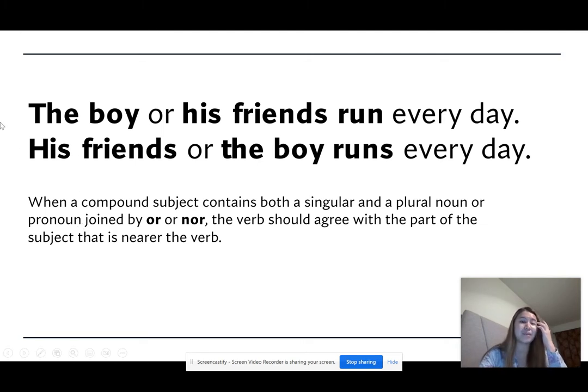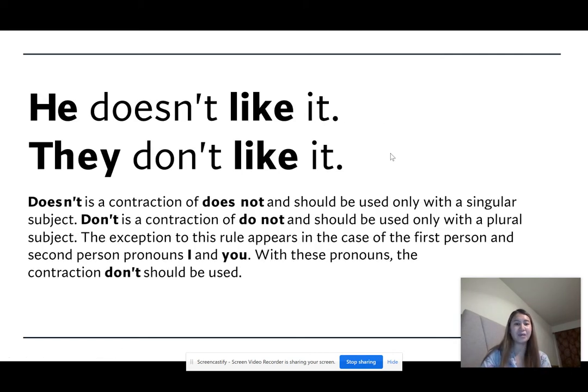Look at this example. The boy, so just one, and his friends, so more than one, plural, run every day. But let's look at the second example. His friends, plural, or the boy, singular, just one, runs every day. So don't forget that rule.